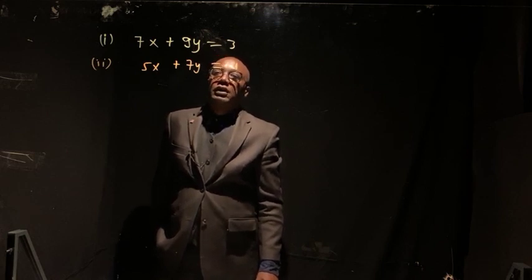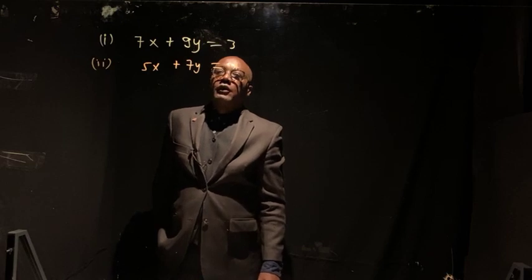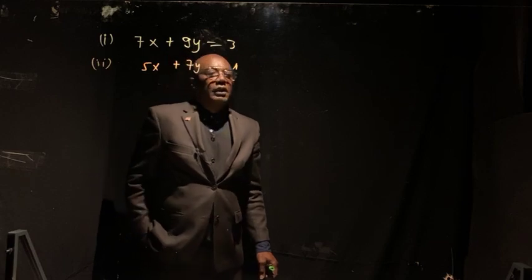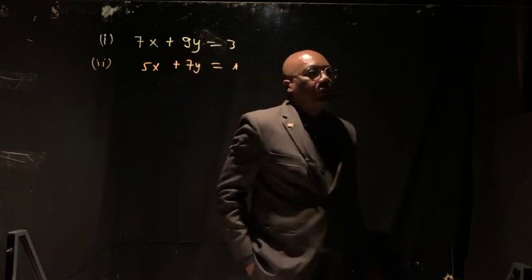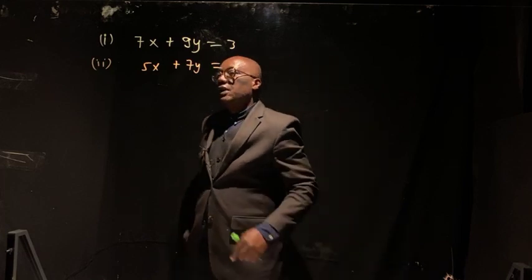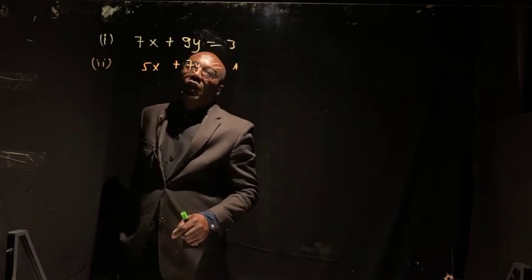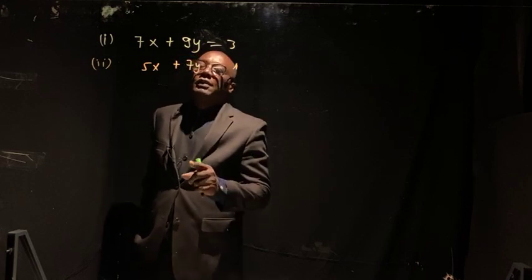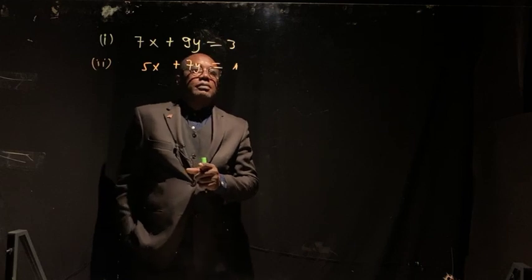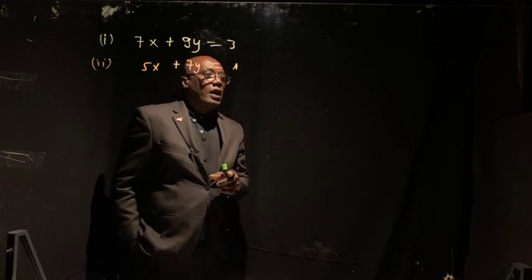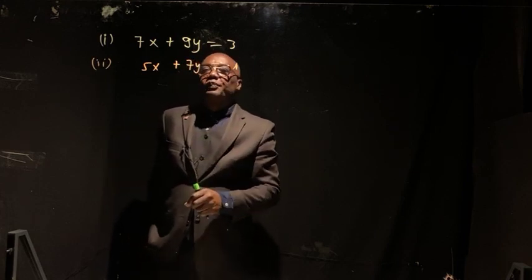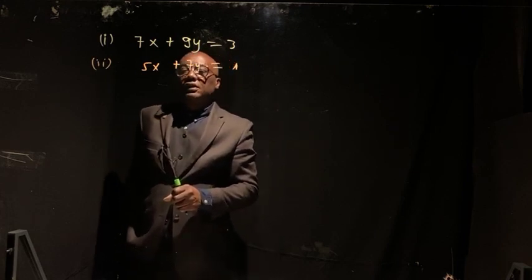Because of the time constraint, we couldn't do the third method, the approach of matrices, and we said that we'll pick it up in our next lesson, which is today. So the same simultaneous equation that we saw previously by substitution, we are going to solve by using matrices.